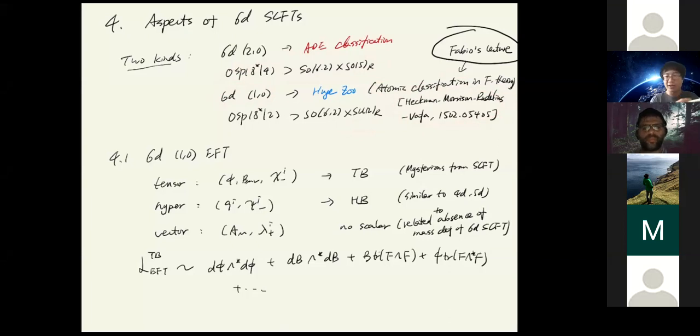So let's now assume that the theory has this nice tensor branch, as in these F-theory constructions, and talk about the effective theory on the tensor branch. Okay, just to remind you, the basic degrees of freedom, possible free fields that I can use to write the effective theory, are tensor multiplets. Okay, which include this scalar field phi and some self-dual 2-form B and the fermion chi.